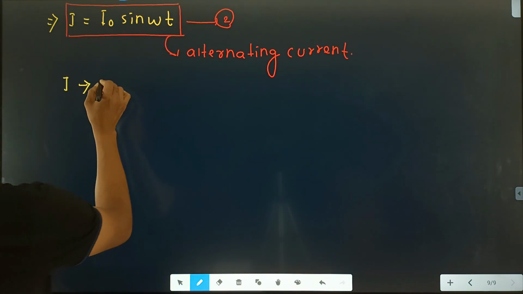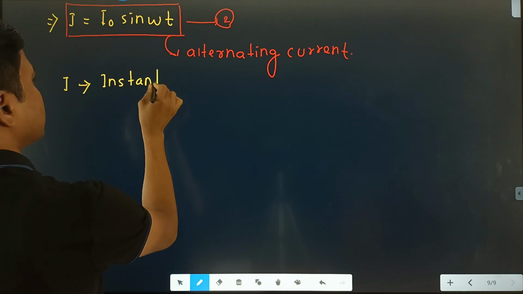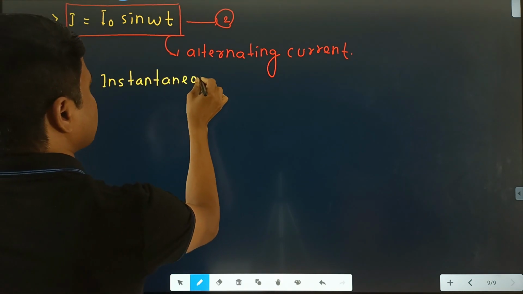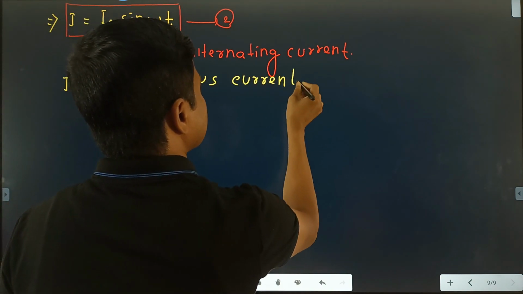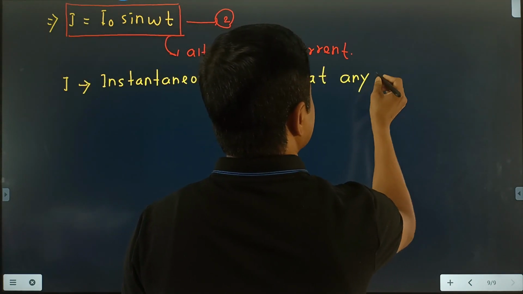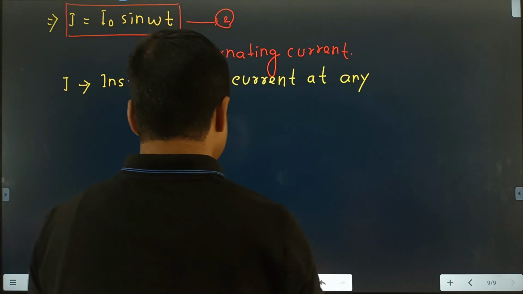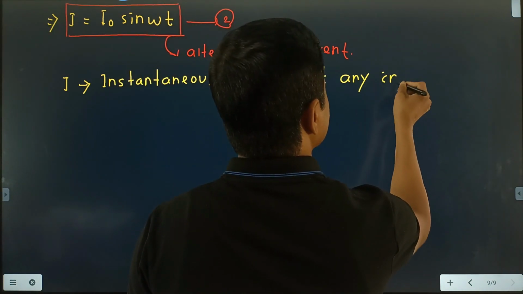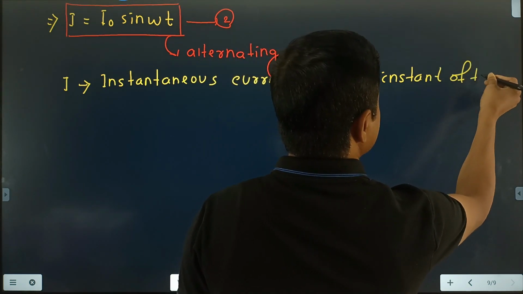So we write I is known as the instantaneous current at any instant of time t.